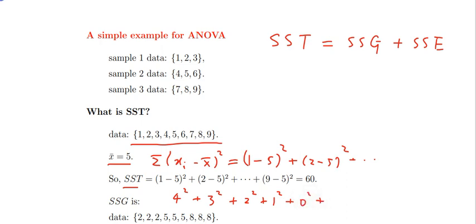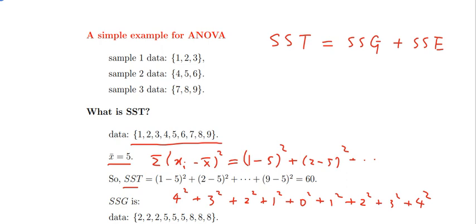And then just repeat: 6 minus 5, 1, then 7 minus 5, 2, just like that. So this is SST. We can easily find that SST equals 60.